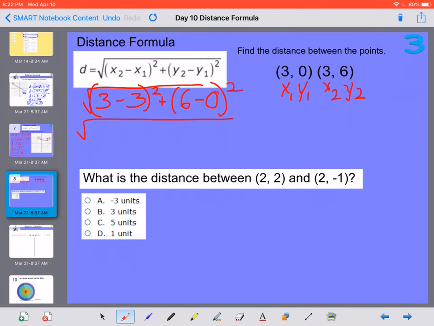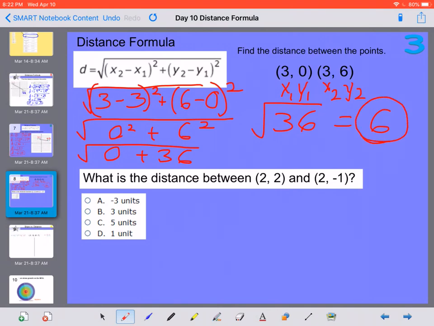So we're going to get the square root of 0 squared plus 6 squared. Square root of 0 plus 36. If we square root that, square root of 36 is going to give us 6. So the distance between those 2 points is 6.